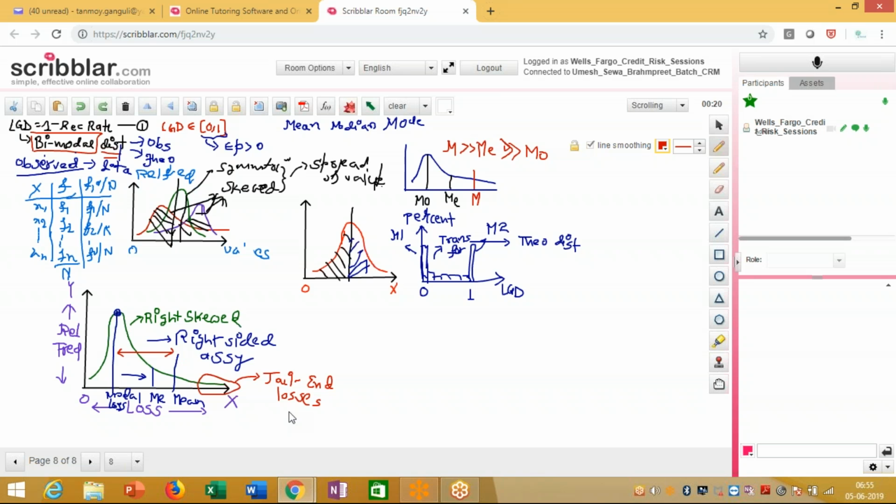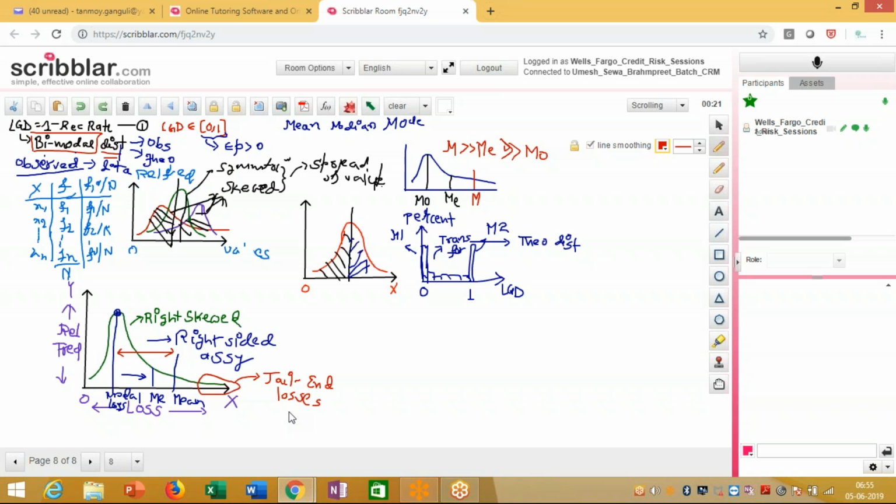That is, the bank can go into bankruptcy as well, or it may dissolve. So it is the existence of these extreme values which makes this distribution right skewed, because the skewness or the asymmetry is towards the end of the curve, right?